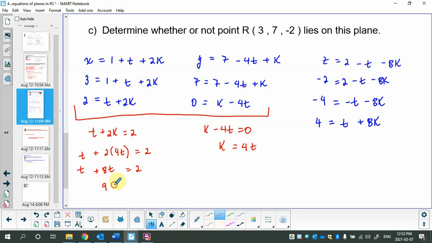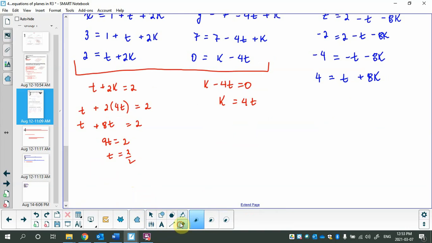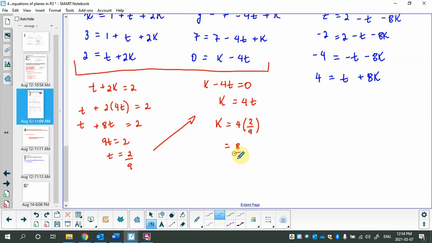And I end up with 9t equals 2, which means t is equal to 2 over 9. Which I get to substitute back in here. And get that k is equal to 8 over 9.